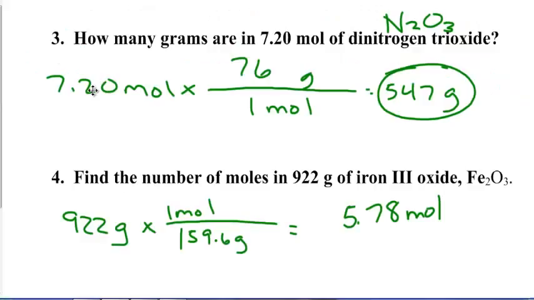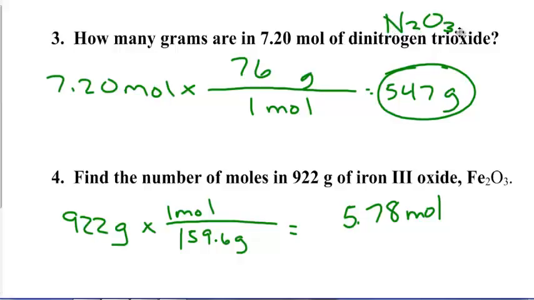So we have 7.20 moles. We're going from moles to grams this time. So top path followed the map, mole to gram. The unit mole came to the bottom. The number in front of mole is 1. And then for grams, I'm going to use the GFM. So dinitrogen trioxide is N2O3. Nitrogen is 14 times 2 is 28.